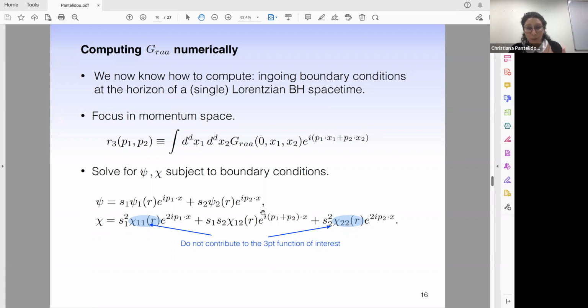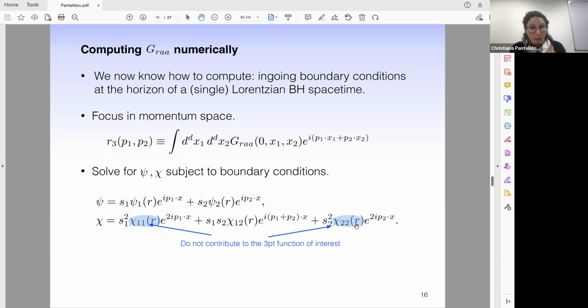And then you'll have a third mode, chi12, that carries momentum p1 plus p2 with the appropriate explicit S1 and S2 factors. Now, for the calculation that we want to do, which is computing the 3-point functions, chi11 and chi22 are just coming along for the ride. They will not be useful to us in any way. So for all practical purposes, you can just forget about them.